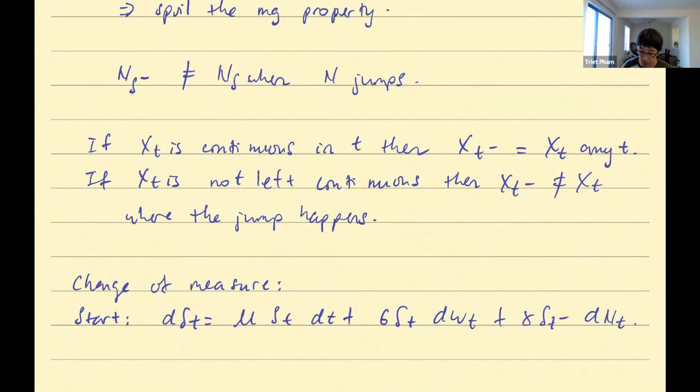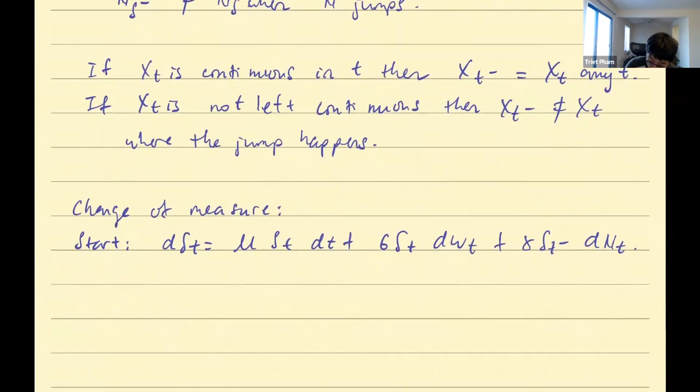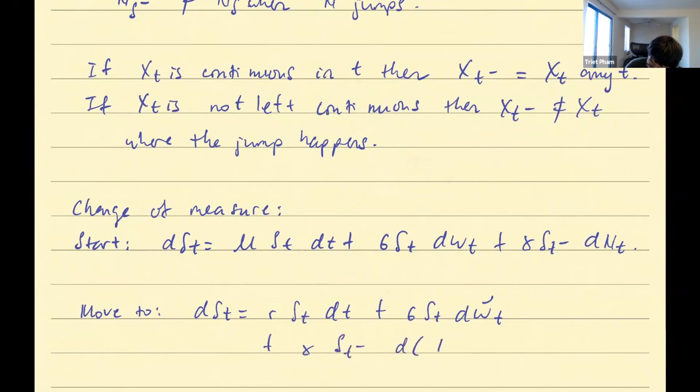And you want to move to something with risk neutral drift.